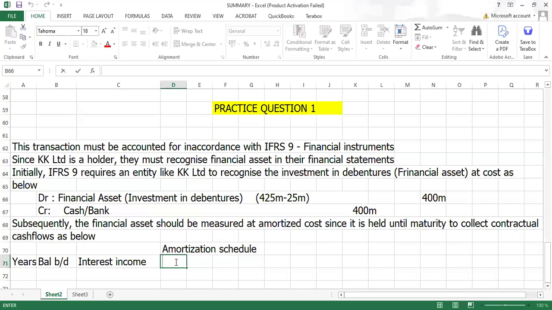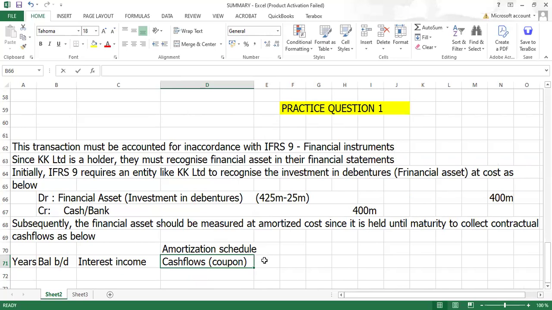Then you also create another column for coupon interest. These are the cash flows, what you expect to be receiving. Then the last column is balance carried down, the amortized cost at the end of the year.